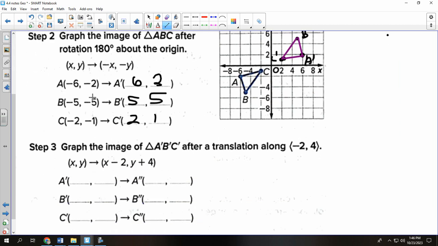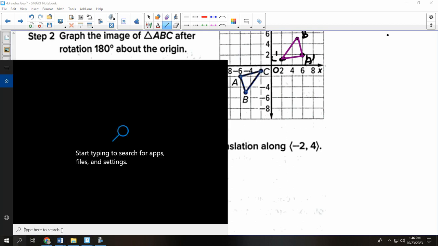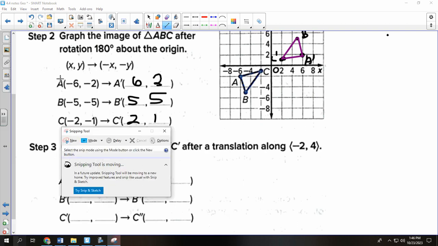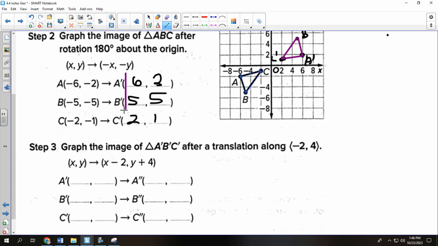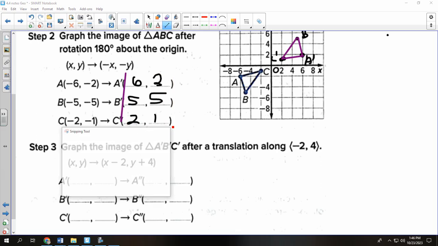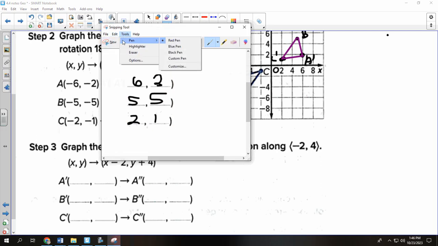So we're going to take our coordinates. Do not judge me. If you judge me, I will cry. I'm just going to snip mine.